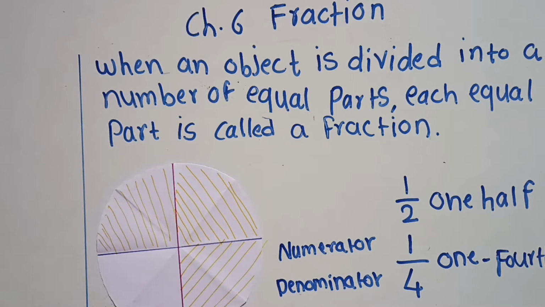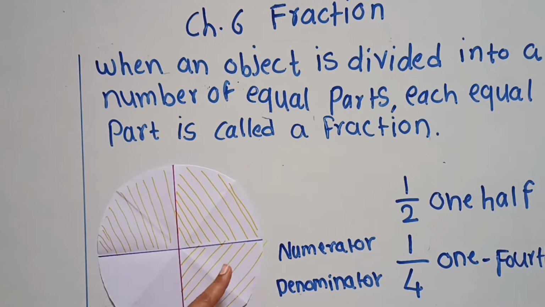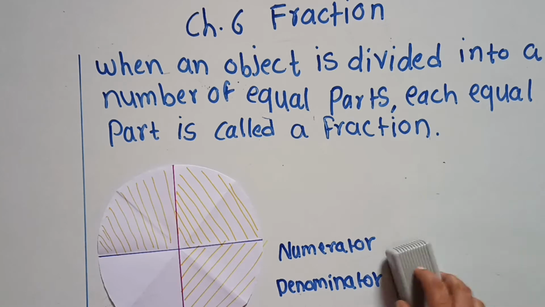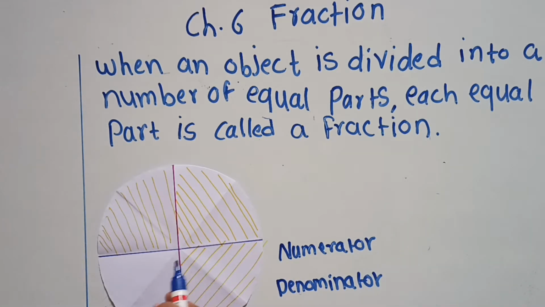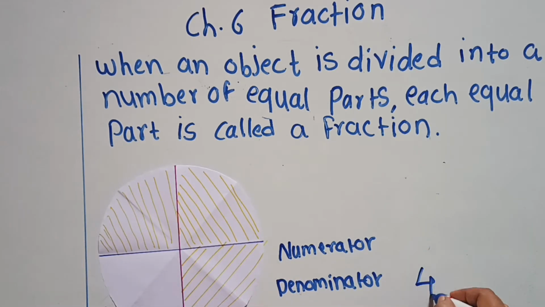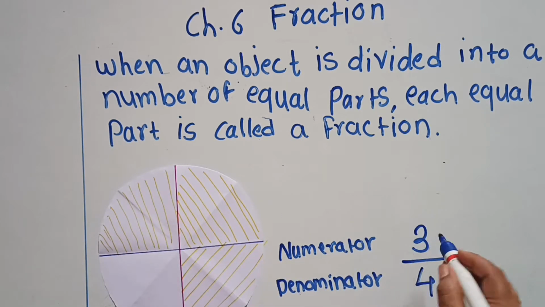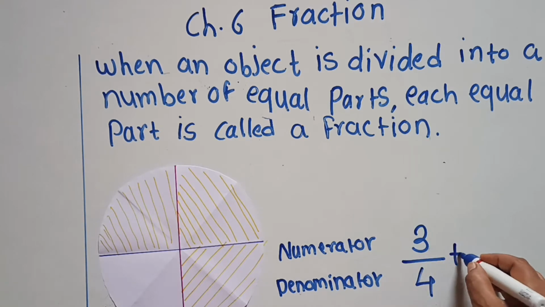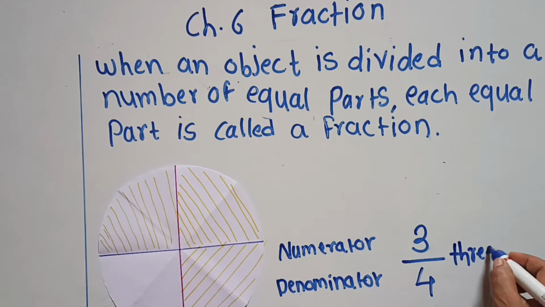And shaded parts, how many? 1, 2 and 3. So total number of parts are 4 and shaded parts 3. So the fraction is 3/4. And we write it 3/4.